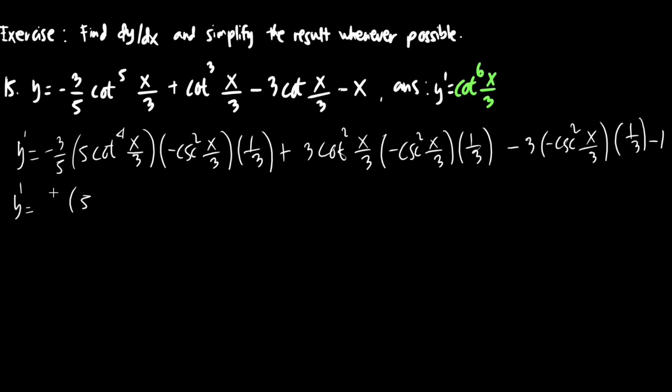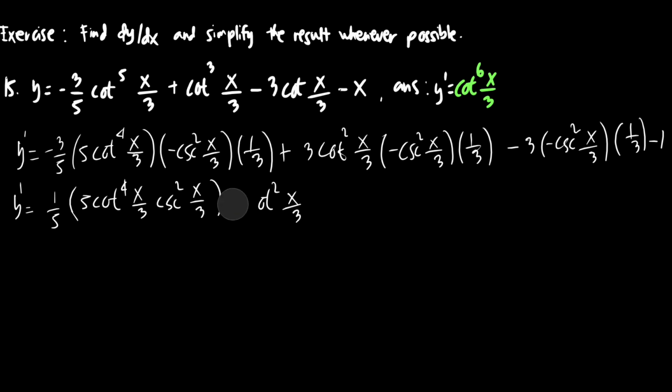So we have 1/5 cotangent of 4 x over 3 cosecant squared x over 3 plus cotangent squared x over 3.